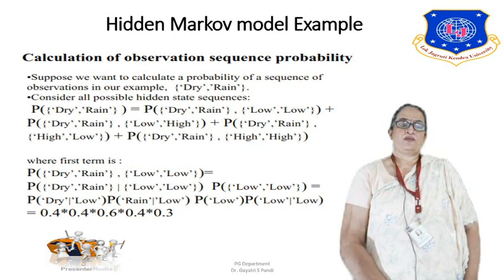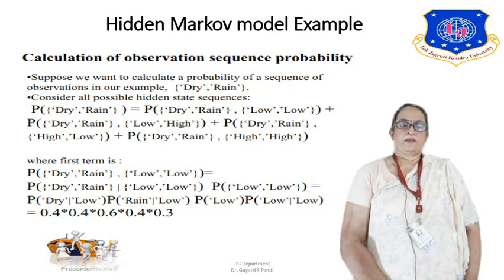So probability of dry and rain is equal to probability of dry, rain, low, low, plus probability of dry, rain, low, high, plus probability of dry, rain, high, low, plus probability of dry, rain, high, high. So all the probabilities are considered here: low to low, low to high, high to low and high to high.